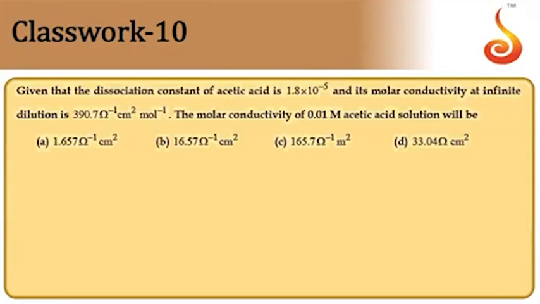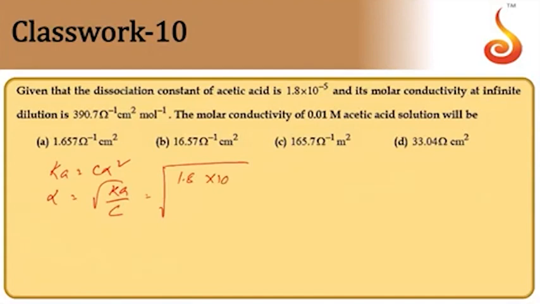Now we know that Ka is equal to C alpha square, and therefore alpha is equal to the square root of Ka by C, which is the square root of 1.8 into 10 to the power of minus 5 by the value of C, 0.01. Alpha is also equal to lambda molar by lambda naught molar. We require lambda molar, so lambda molar is equal to alpha into lambda naught molar.